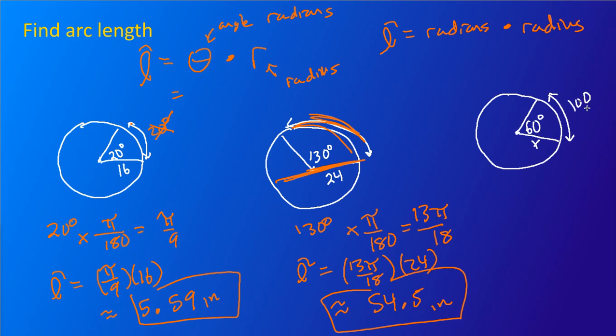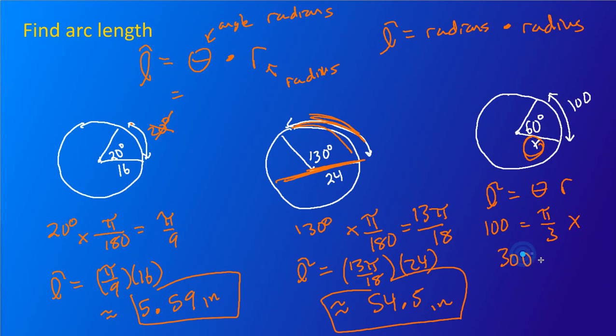On this one, I'm doing a trick on you. This time I give you the arc length, and I'm asking for, well, what is the radius? So I'm going to write my arc length formula, substitute what I know in, so my arc length is 100. My theta still needs to change. 60 degrees is pi over 3, and my radius is x. I don't know what that is. I'll clear my fraction.